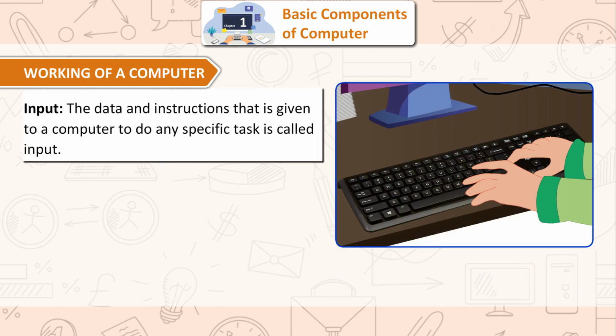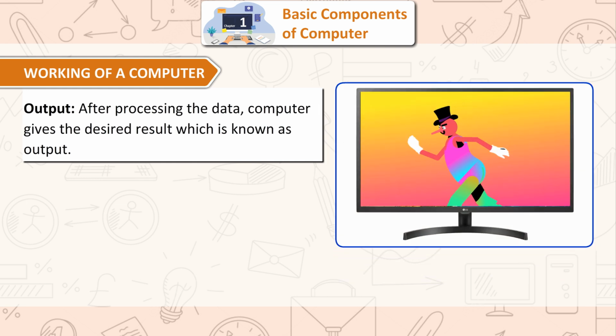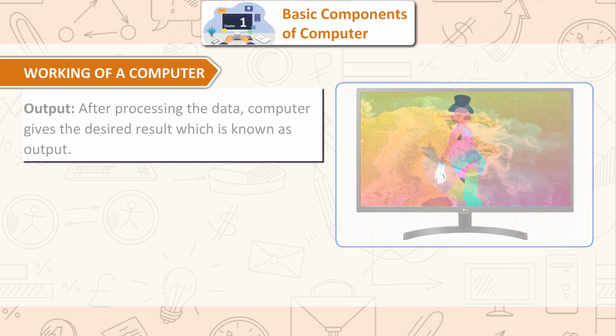Input: the data and instructions that are given to a computer to do any specific task is called input. Process: the computer then converts the raw data into meaningful information. This is called processing. Output: after processing the data, computer gives the desired result, which is known as output.